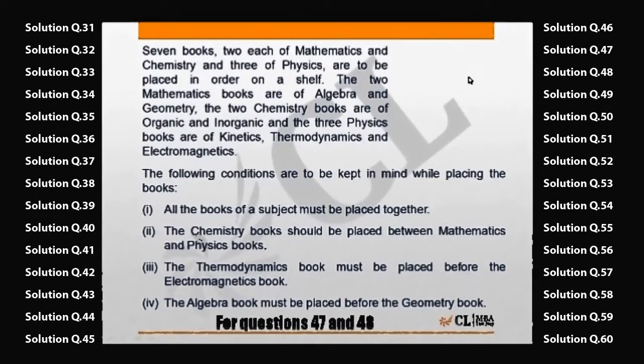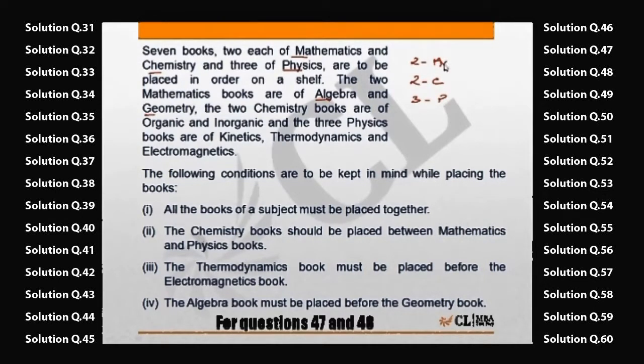Question 47-48. Again a set of questions on LR. Let's quickly go through the data. 7 books, 2 each of mathematics and chemistry, and 3 of physics are to be placed on a shelf. So we have 7 books, 2 of mathematics, 2 of chemistry and 3 of physics. The 2 mathematics books are algebra and geometry.